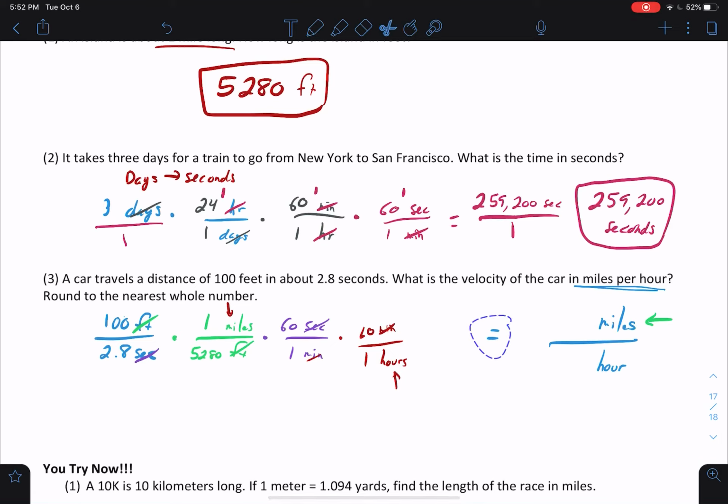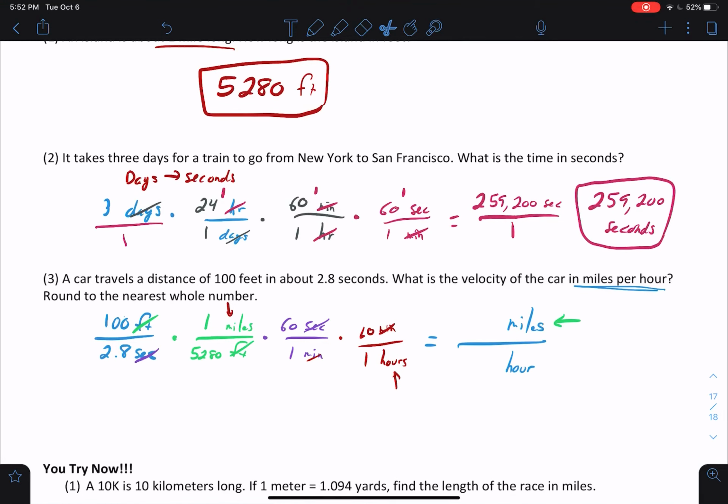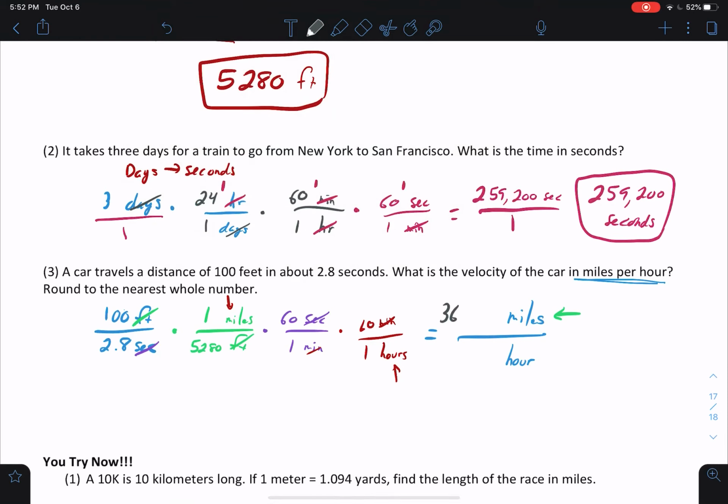So let me move this stuff over. All right, so we got 100 on the numerators, 100 times 1 times 60 times 60. And that's going to give us 360,000 on the numerator. And then on the denominator, we got 2.8 times 5,280 times 1 times 1.